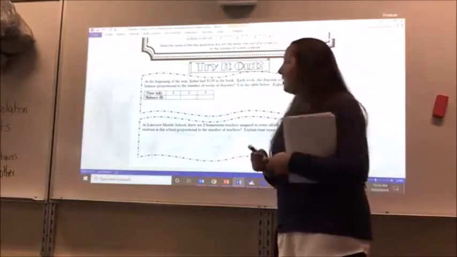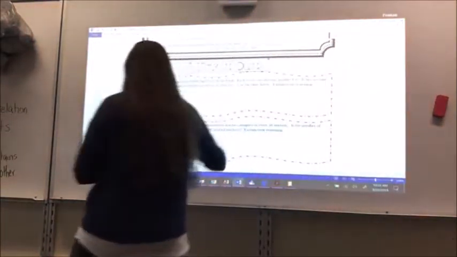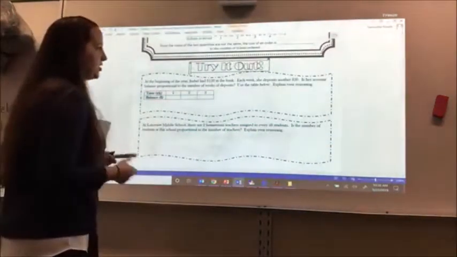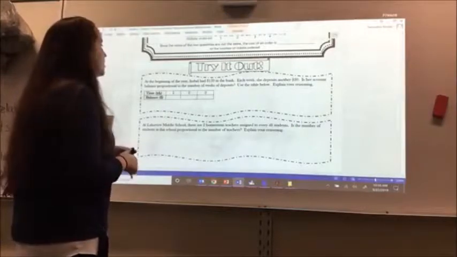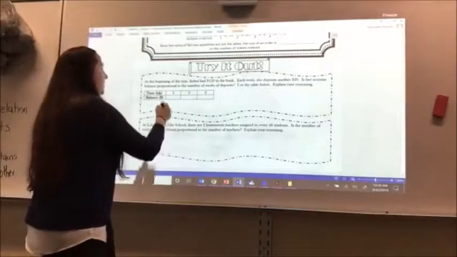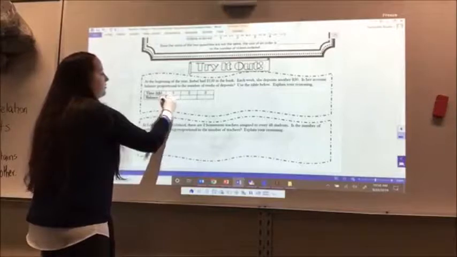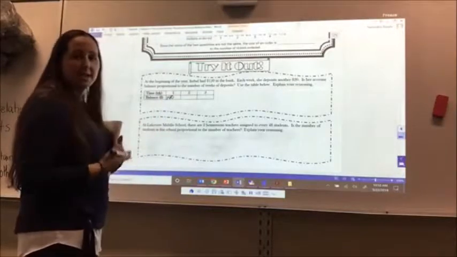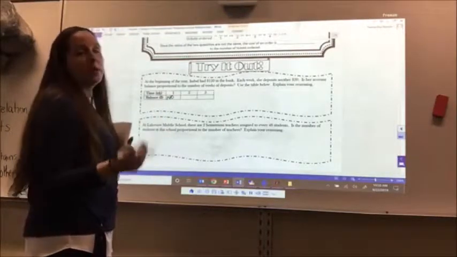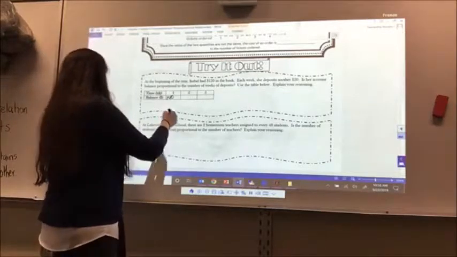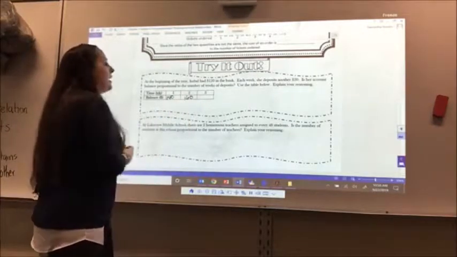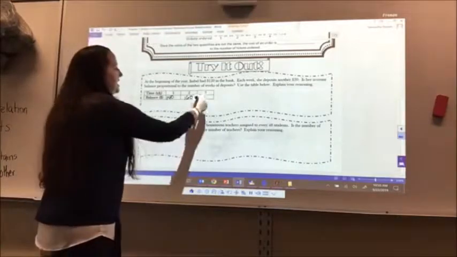So, she started out with $120. Then she gets $20 for each week, so 120 plus 20 is 140. The next week she gets an additional $20, so 140 plus 20 is 160. The third week she has $180.